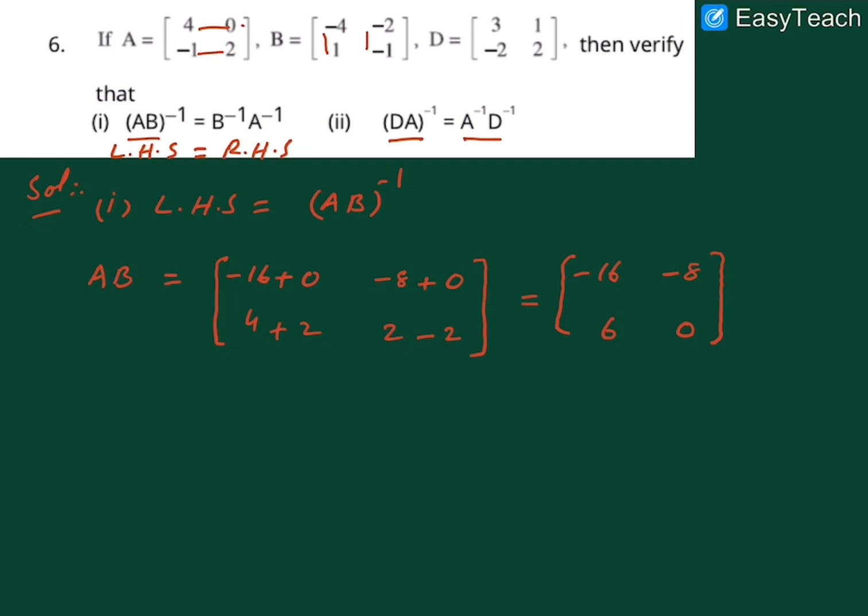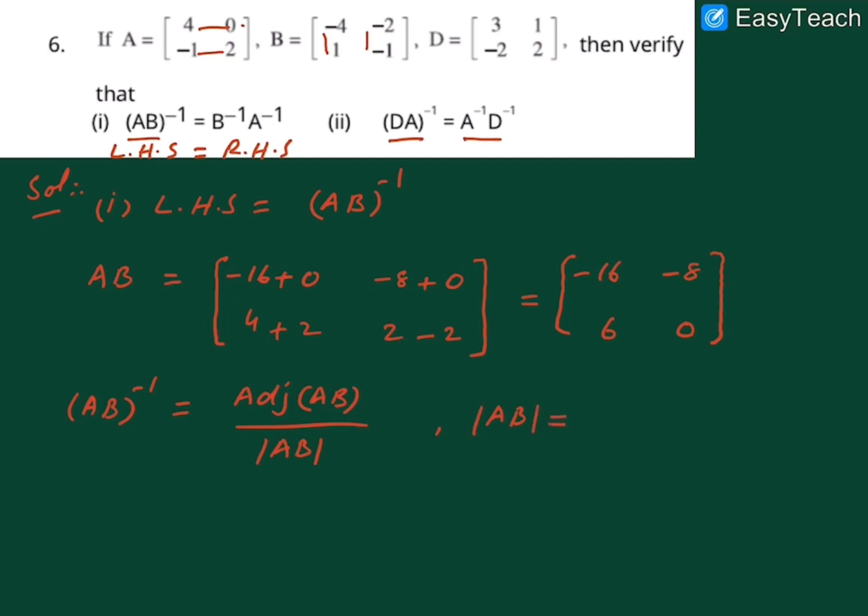Now AB whole inverse will be equal to the adjoint of AB divided by the AB determinant. So what is the AB determinant? First let's see whether AB is singular or non-singular.